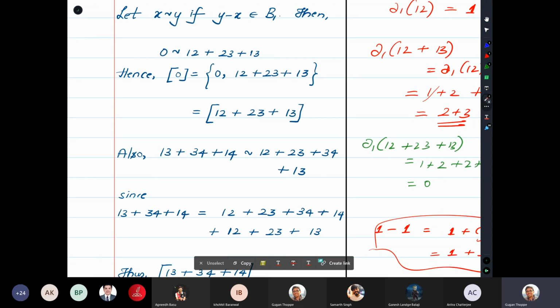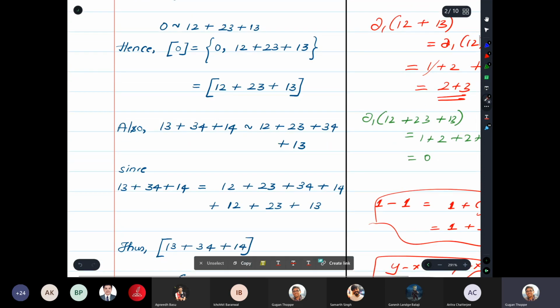All right. Now the question we would like to ask is whether these two elements are equivalent or not. In order to verify that, we take the addition of these two entries and see if the result lies in B1 or not.